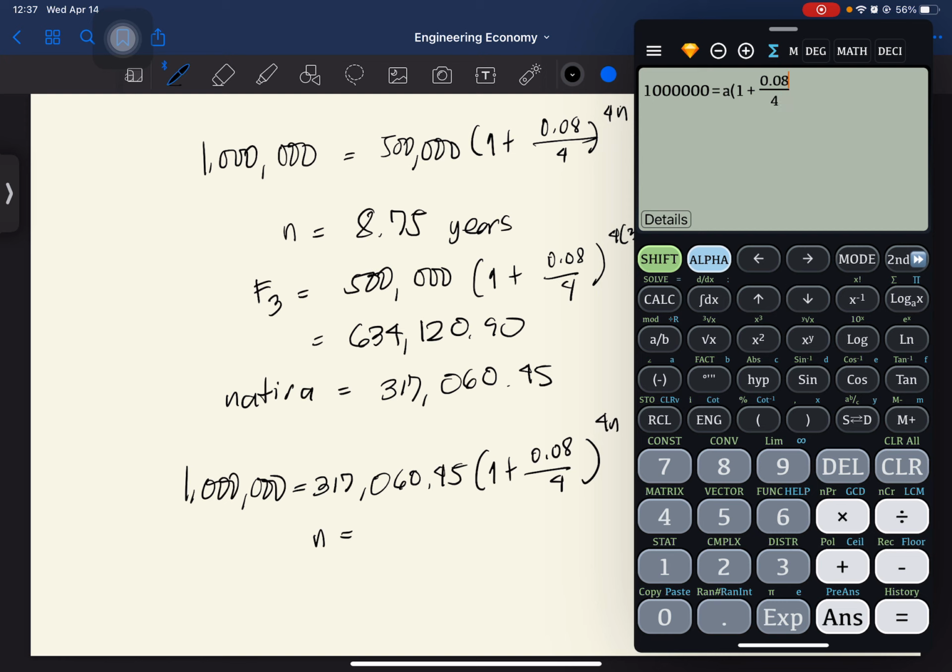Raised to 4 pala. X. Loading. No solution. Why? Kulit na ito, walang solution.